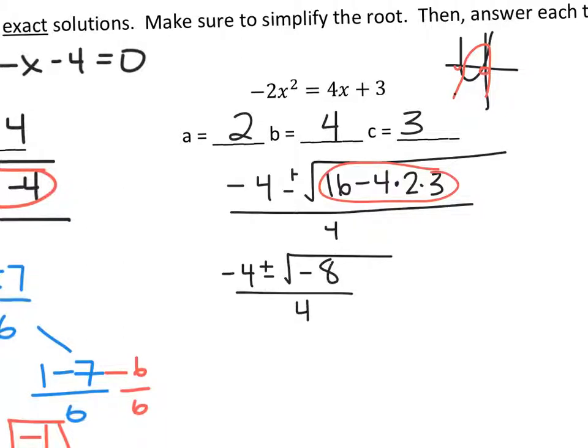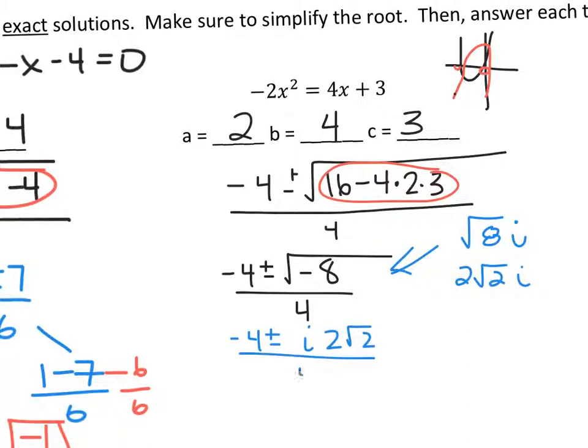Normally in Algebra 1, we would stop and write no real solutions because you had a square root of a negative number. But we can actually break this down. In the last section, we broke this down into square root of -8, or i root 8, which is 2 root 2 i. So this is going to be -4 plus or minus, and I'll put the i out front, i 2 root 2 over 4.